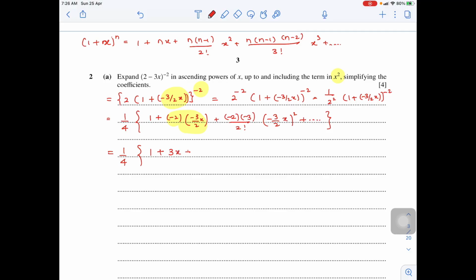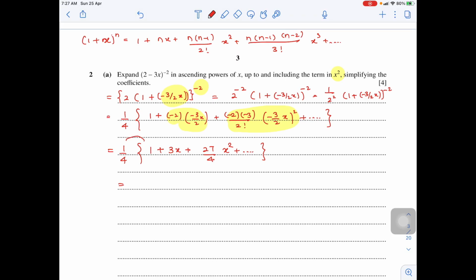All right, next step now, and that becomes 1. So simplifying this term will give me 3x. Simplifying that term gives me 3 times 9 quarters, which is 27 over 4 x squared, and so on.